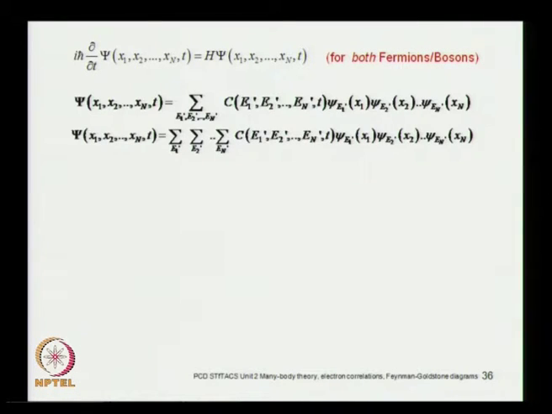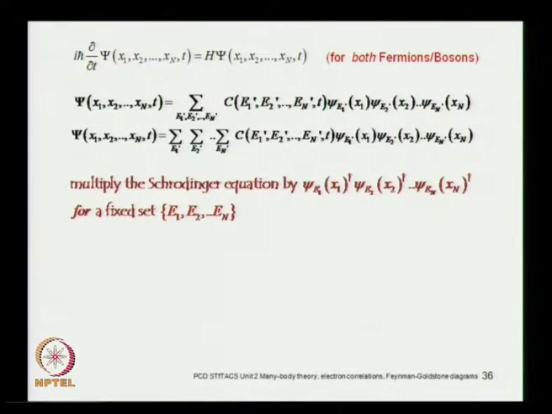So, this is what we have got, and now the summation is over dummy indices, dummy variables. The dummy variables are our primed variables E1 prime, E2 prime up to En prime. So, they are going to be summed over. So, what we are going to do is to multiply the Schrodinger equation by this product of single particle states, but you take the adjoint. Okay.